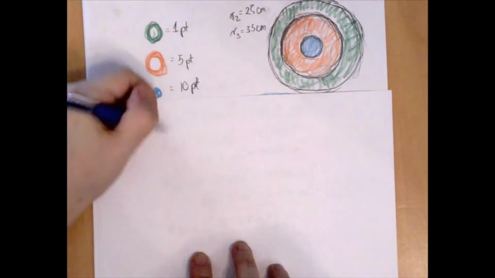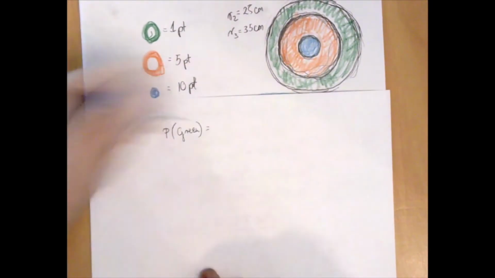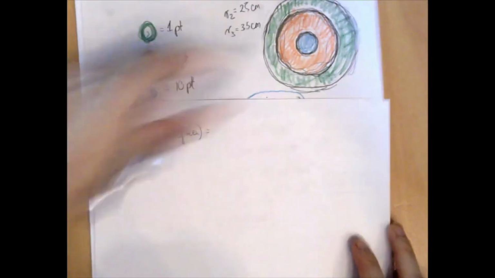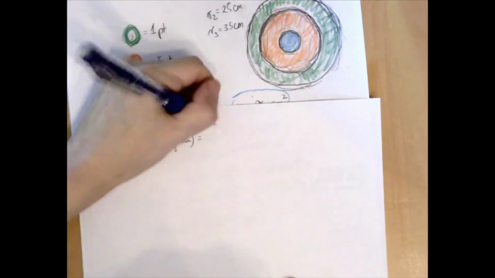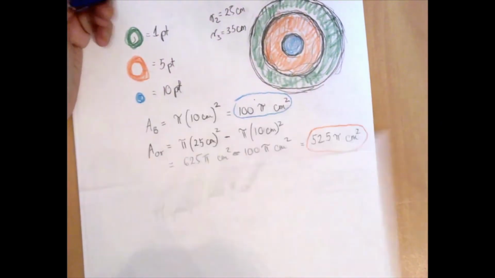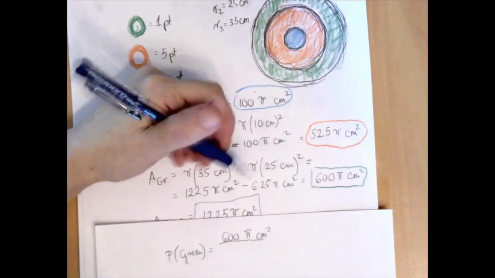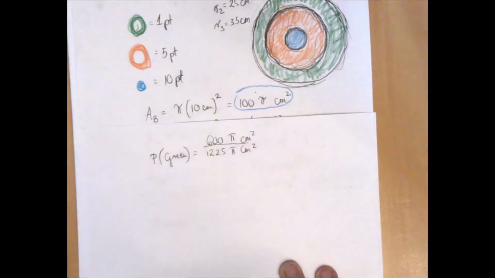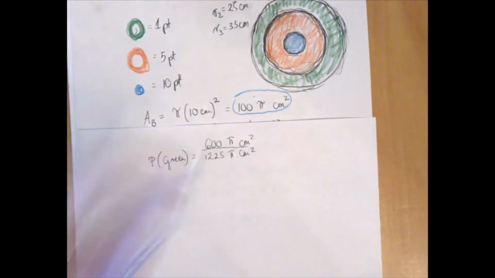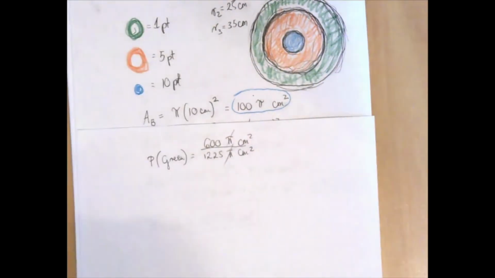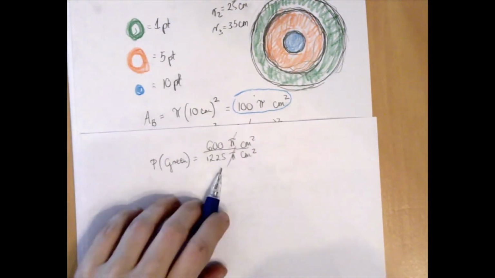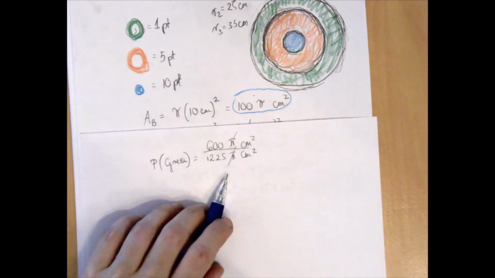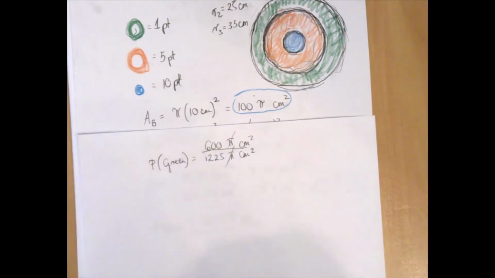The probability of landing green is the area of the green region, 600 pi centimeters squared, divided by the total area, 1,225 pi centimeters squared. Now you see we have cancellation. We cancel out pi. If we were to multiply 600 and pi and 1,225 and pi, we would lose precision for no good reason, because pi cancels out.